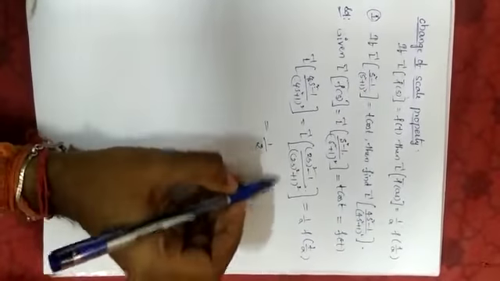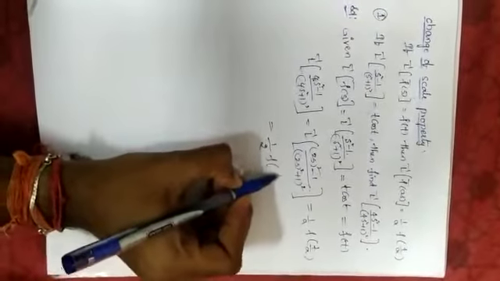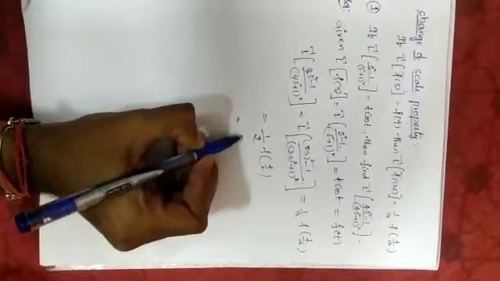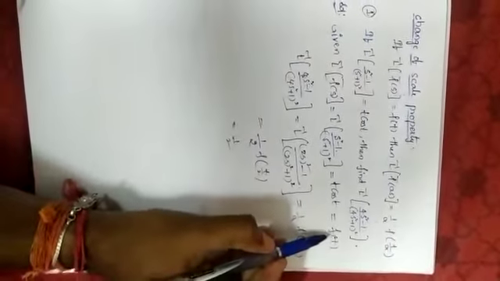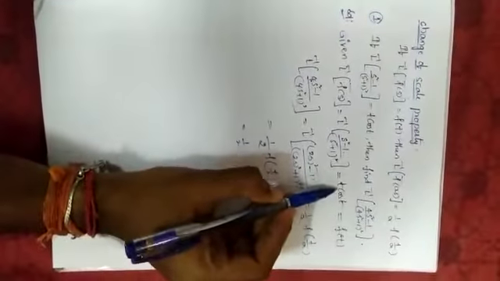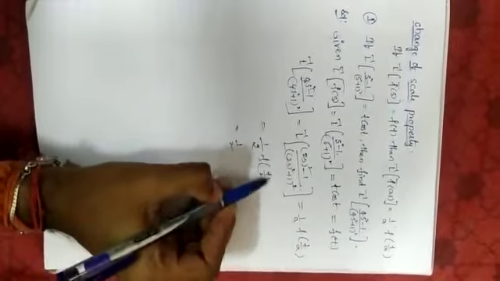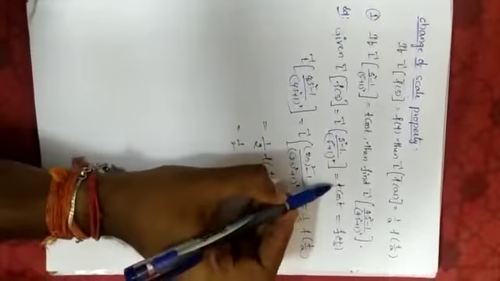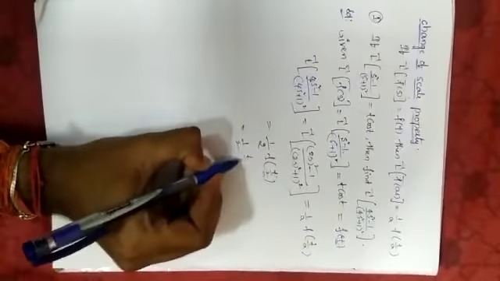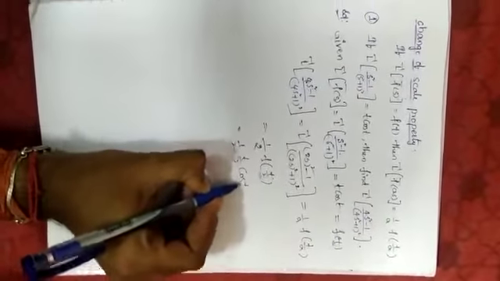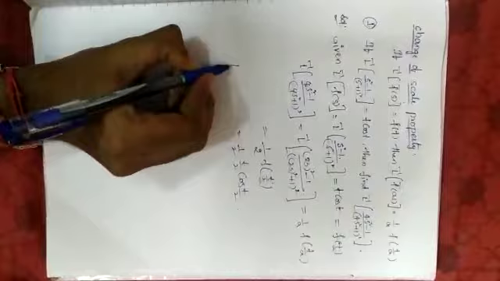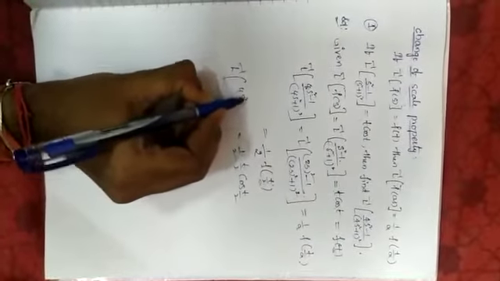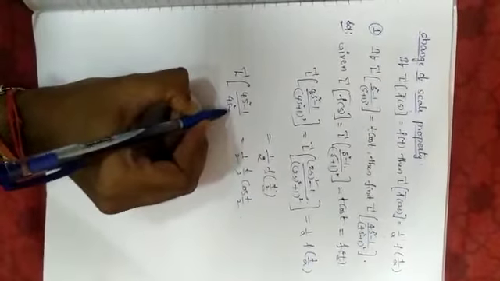So what will you get? 1 by 2 into f of t by 2. Already we know the f of t value, that is t into cos t. Here f of t by 2 means we have to replace t with t by 2. That means you will get t by 2 into cos t by 2. So that is the value of the Laplace inverse of 4s square minus 1 by 4s square plus 1 whole square.